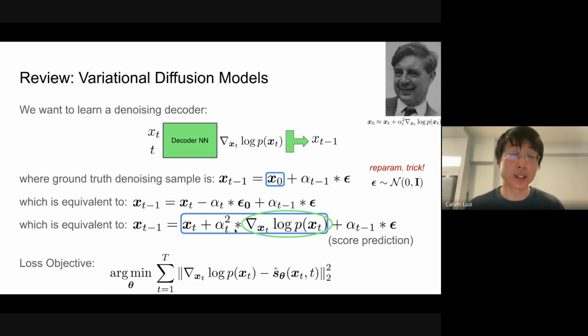And so once we have this score prediction, we can go from xt to xt minus 1 by saying, well, to xt, we add the score and also add some stochastic noise, another Gaussian sample. And this is what we draw parallels to with the score-based generative modeling formulation. We're also starting with something noisy, following a score, and adding some stochastic noise. Yeah, I hope that clarifies.